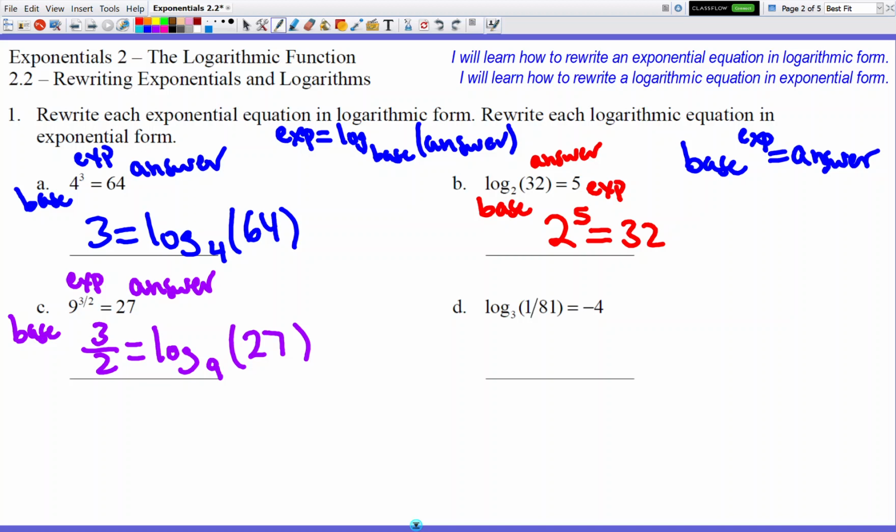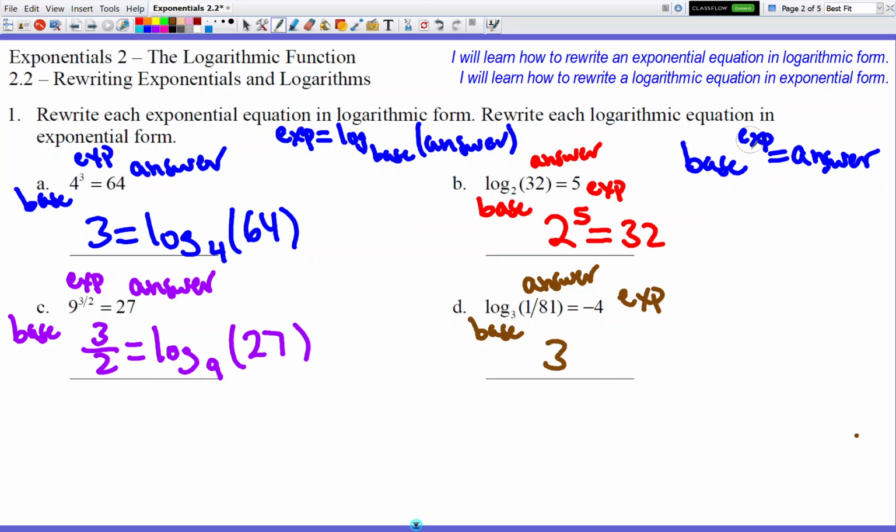Okay, so let's label these numbers. So 3, hopefully you guys know, it's called base. 1 over 81, that's called answer. And negative 4 is called exponent. Okay, so let's do this. So exponent form says write the number that's sitting in the spot called base. So what number is currently sitting in the spot called base? 3 is, I put a 3.